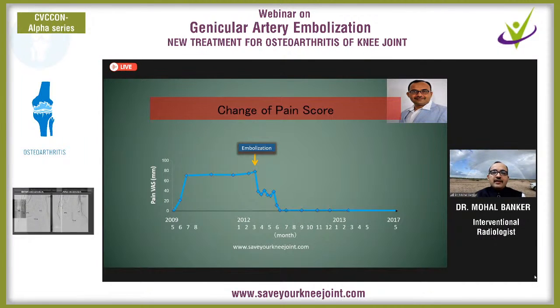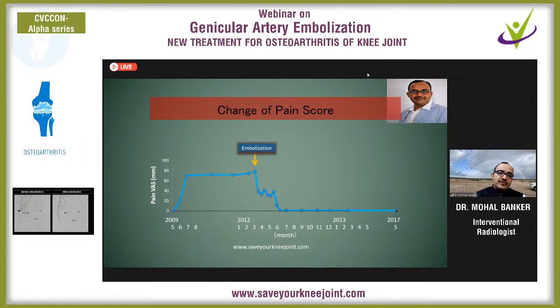When we embolize and obstruct these microvessels, the sensory nerves which develop along with them are also destroyed. These sensory nerves are the main culprit sending pain signals from the joint. So patients are relieved of pain from the same day, at least 50%.